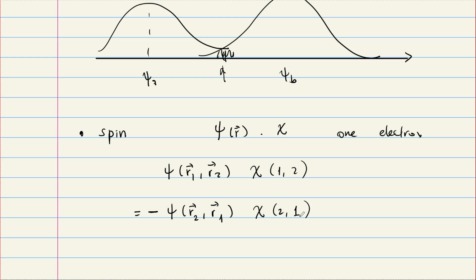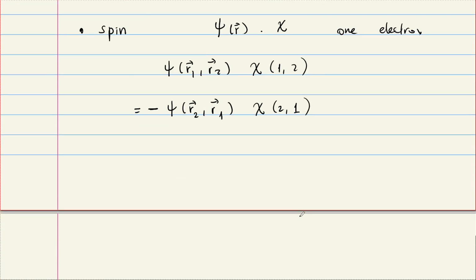For this to happen, I have 2 options. I can have a symmetric spin part, and then for total anti-symmetry, the orbital part should be anti-symmetric. If I have an anti-symmetric spin part, then the orbital part should be the other way. So 2 cases.